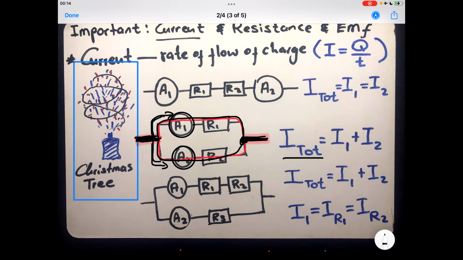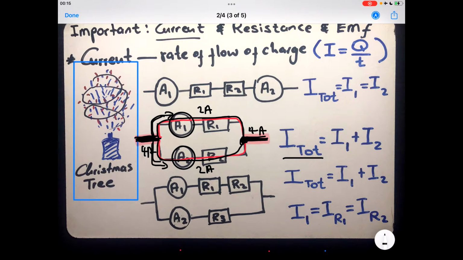So if the current coming from this direction is, let's say, 4 amperes, it can split accordingly. If this side is 2 amperes, here it's going to be 2 amperes, and then here it's back to 4 amperes.